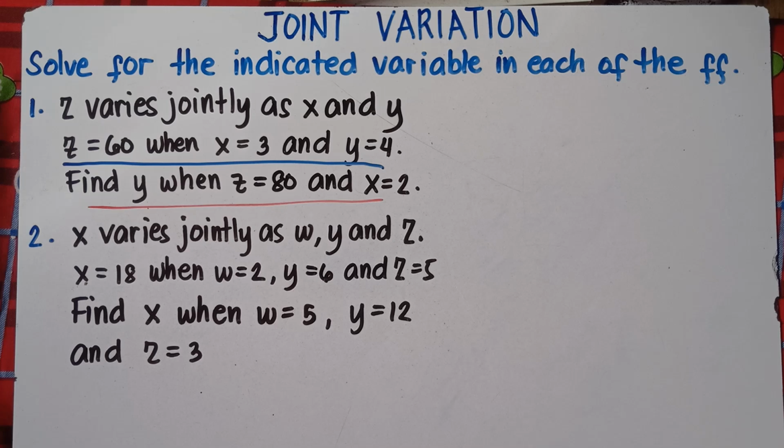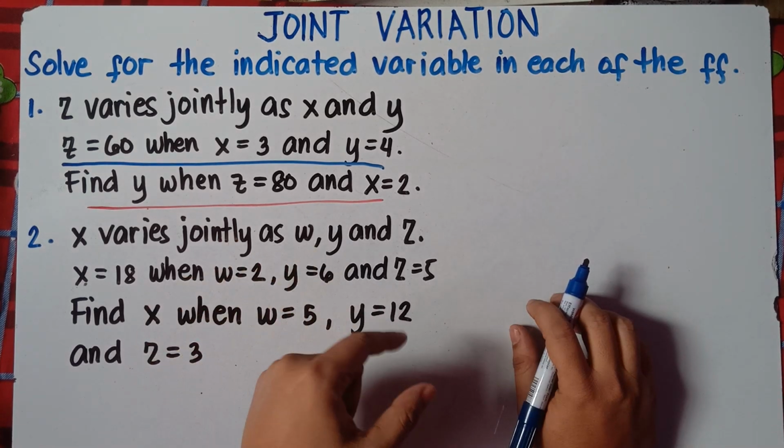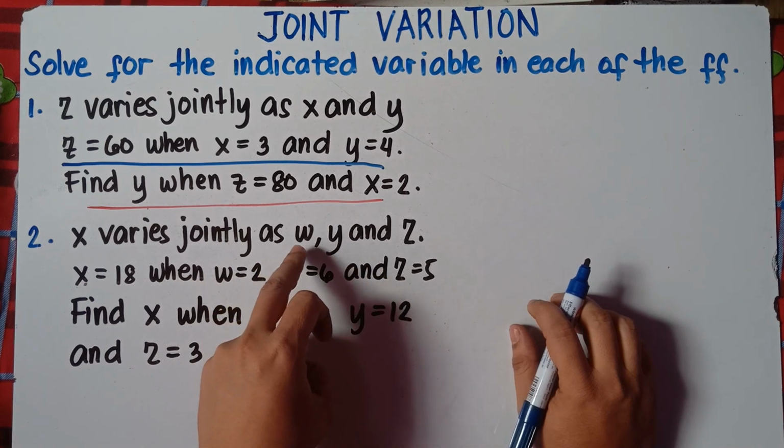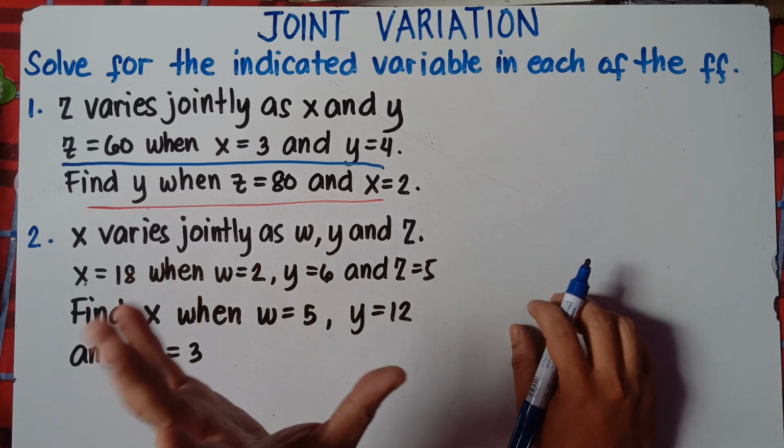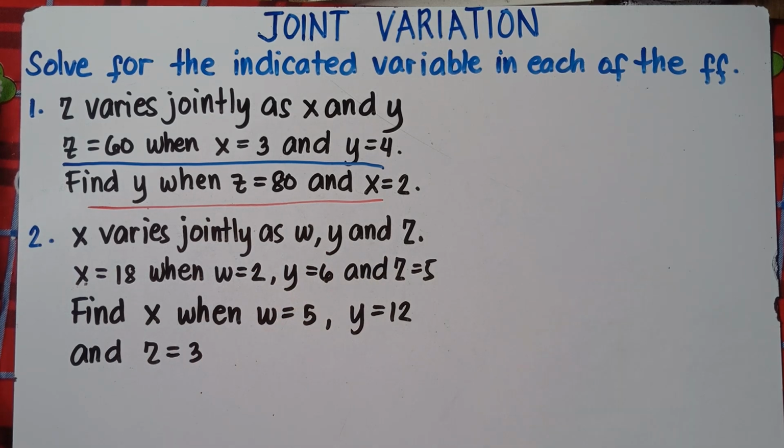Number 2: x varies jointly as w, y, and z. So we already have 4 variables involved, class: x, w, y, and z. You can write this as x equals k times w, y, and z.